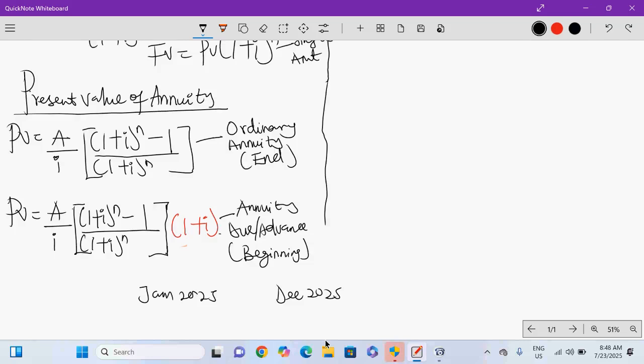So the 1 plus I is taking care of the interest at the beginning. But the one that invested at the end just has the formula as we have A over I, 1 plus I exponent this, right? So the key difference between the ordinary and the due or the advance is the 1 plus I, the same formula, but I'm only talking about the present value. That is it. So now let's quickly move to the future value as well.